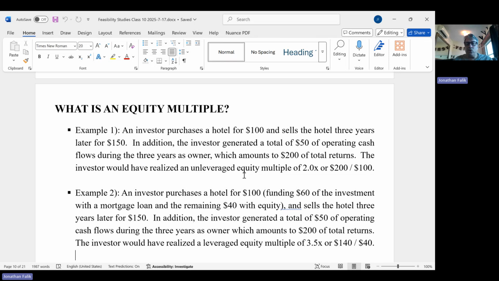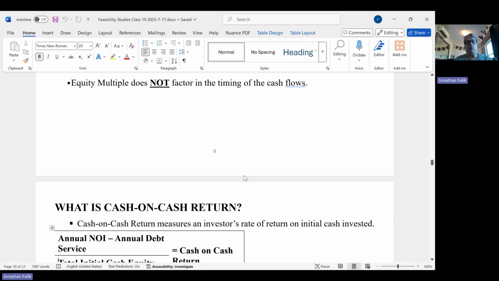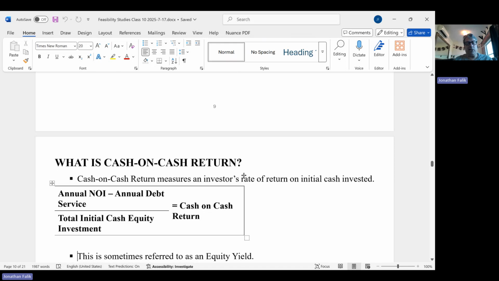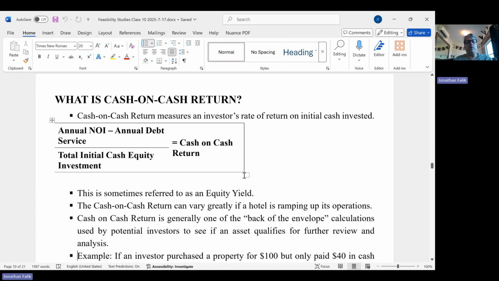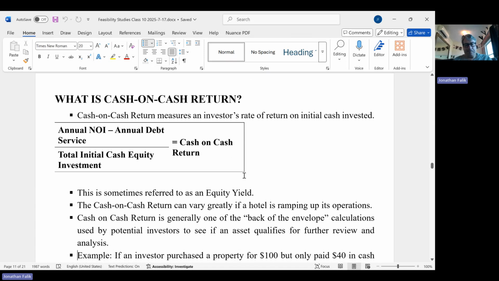So here they're still going to have $200 of total returns, but they're going to have a 3.5x equity multiple. Again, you don't need to worry about this for the group project or the final exam, but it's useful to know. And again, the equity multiple does not factor in the time value of money or the timing of cash flows.